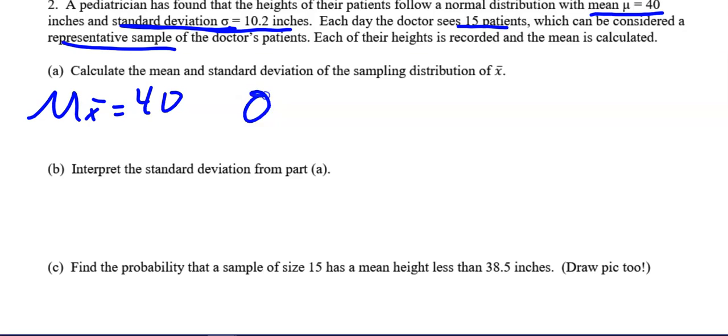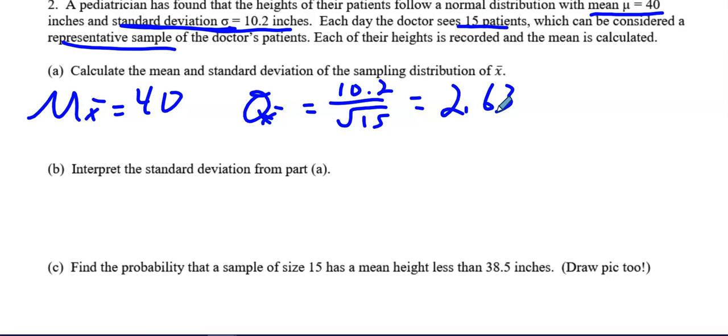Then we write X with a little line over it, and we do our little calculations, which is very simple. It's the standard deviation divided by the square root of the number of patients. And again, with only 15 patients, if we were checking conditions, not really enough. Proceed with caution. We crunch that number, and we get 2.63. So that's our new standard deviation we're working with.